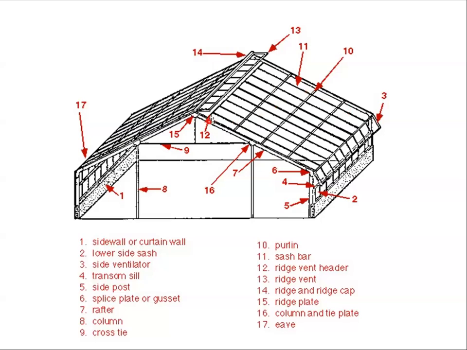We have a header here. This is a ridge vent header, so that when this ridge vent closes, it seals along that header. Again, we have the ridge vent that allows hot air to escape. We've just got the ridge cap, which you could liken to a beam in a normal structure.